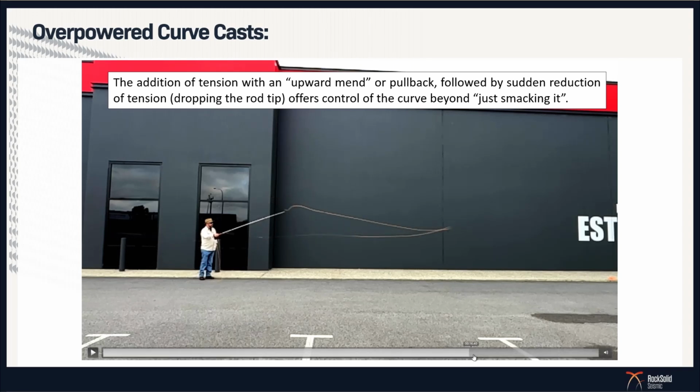And we end up with an overpowered curve cast that bends to the left in this case. And that's through controlling tension at the rod tip. So dropping the rod tip from here to here has slowed the speed that wave travels through the string.